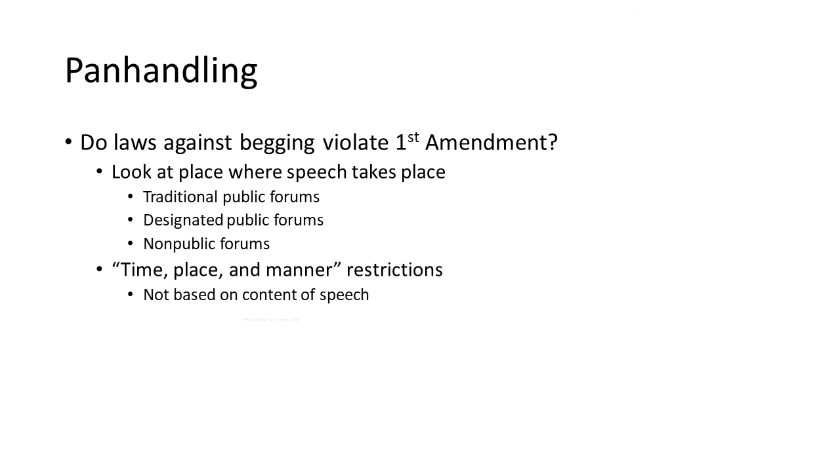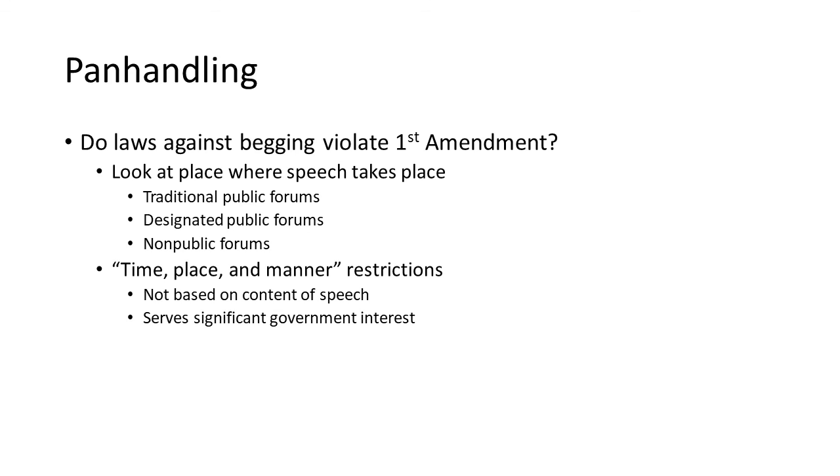And it could just be for a period of time. Just because the government says, I'm declaring this fairgrounds as a public forum for traditional public forum access, they could say for the month of May. They could totally designate it. And they call this kind of regulation time, place, manner restrictions.